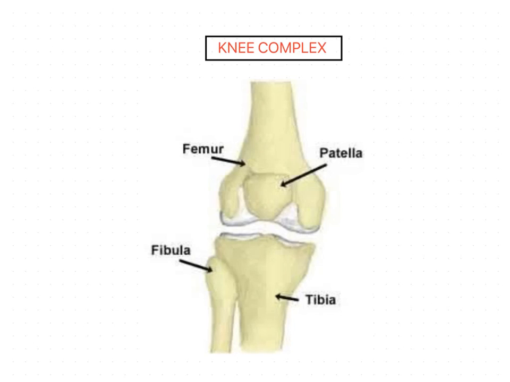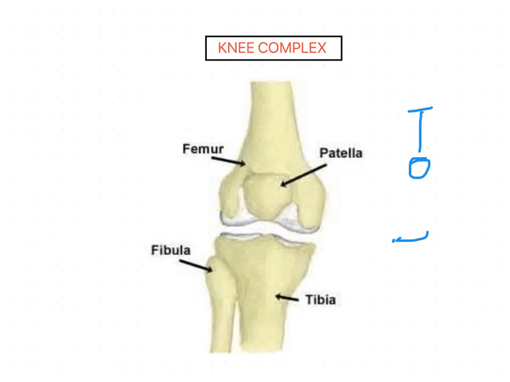In addition to providing mobility, however, the knee complex plays a major role in supporting the body during dynamic as well as static activities. In the case of the closed kinematic chain, the knee joint works in conjunction with the hip as well as the ankle.